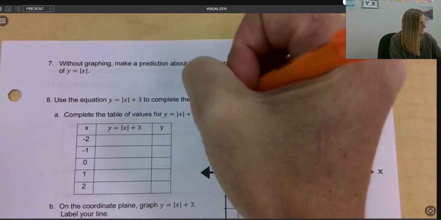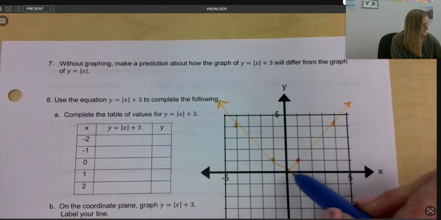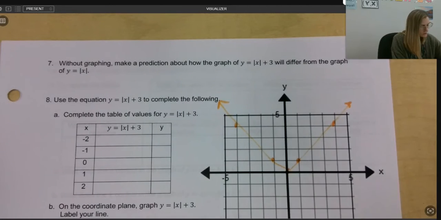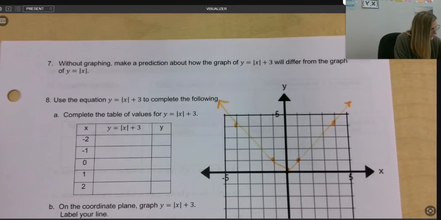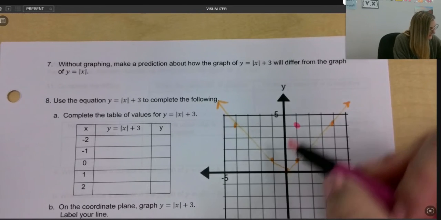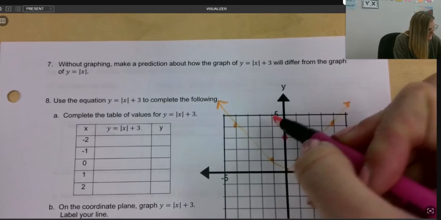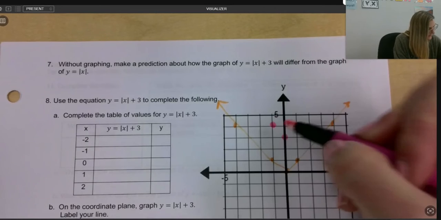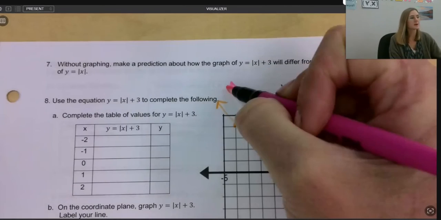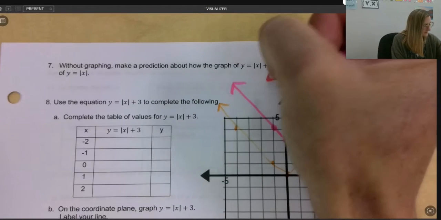If I plugged in 1 as x, and then my y value now has plus 3, that's going to shift my graph up by 1, 2, 3. Here, it's going to shift my graph up by 1, 2, 3. It's going to shift my graph up here by 1, 2, 3, and my graph is going to look the same. It's just going to be shifted up by 3.